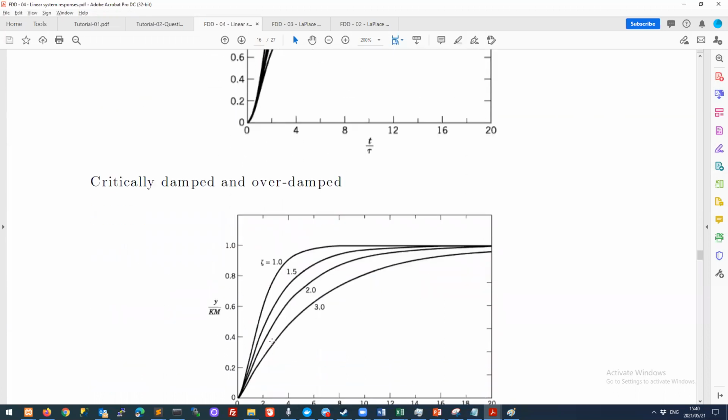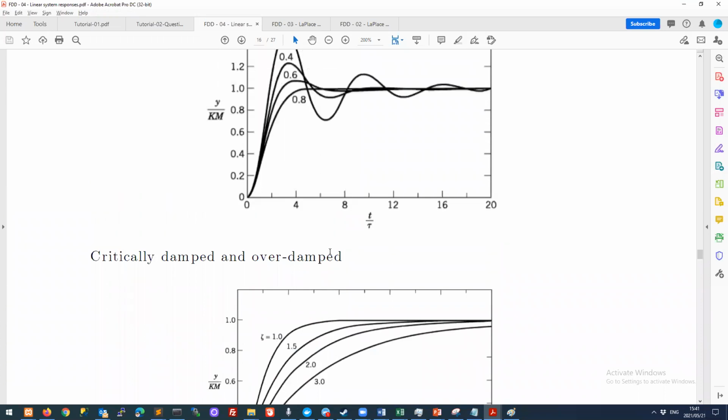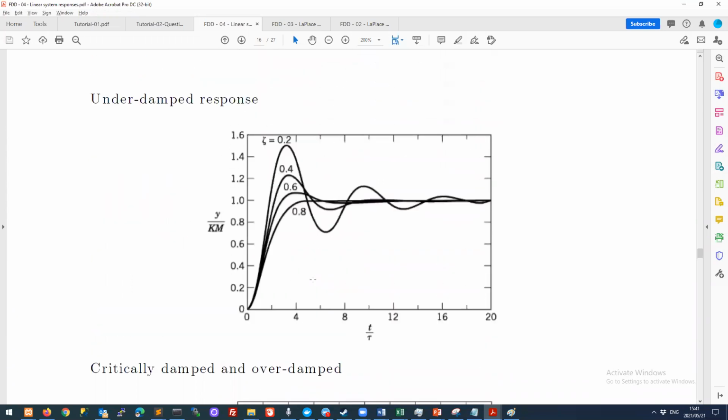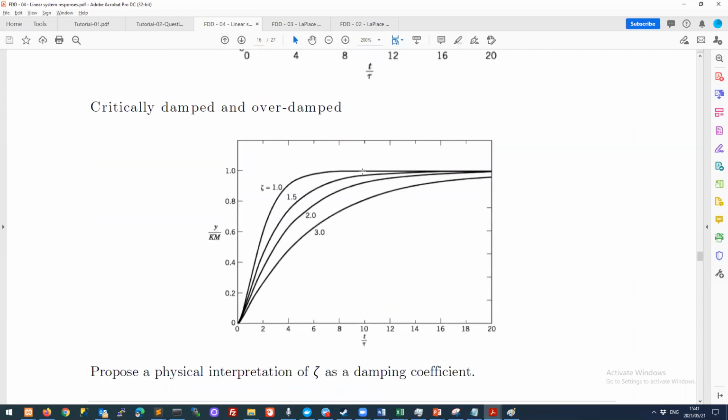Critically damped and overdamped. And that starts to show you what these parameters are. So those zeta parameters are chosen. So you see, if zeta is below 1, then you will get some oscillations. If zeta equals 1, then you are just at the point where you will start to get oscillations.